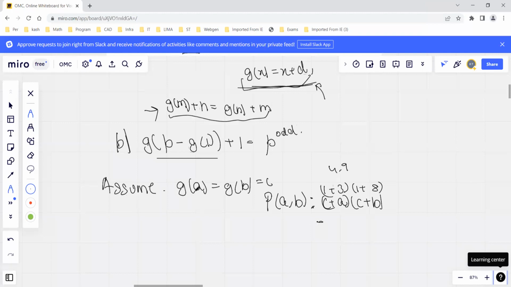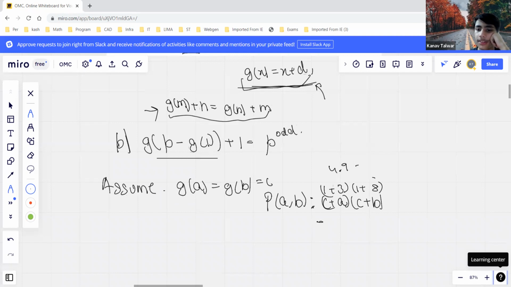What if c plus a and c plus b are already perfect squares? Take a to be 3 and b to be 8, and assume c to be 1. Then 1 plus 3 times 1 plus 8 is 4 times 9, which is 36, a perfect square. So this can be true for a not equal to b.